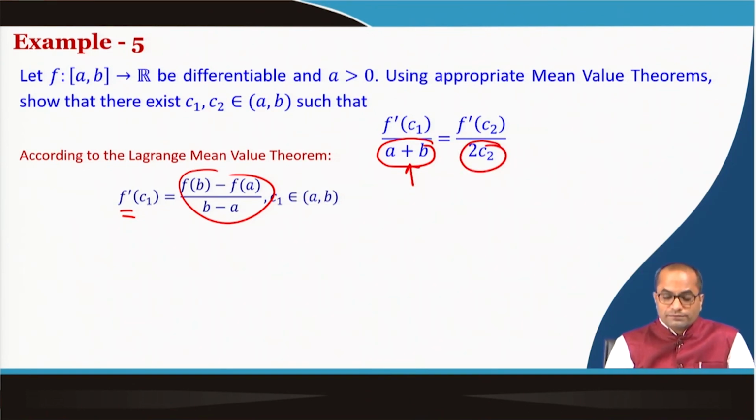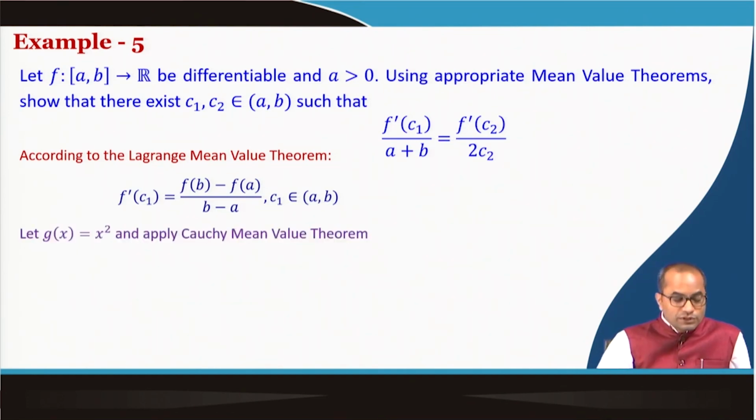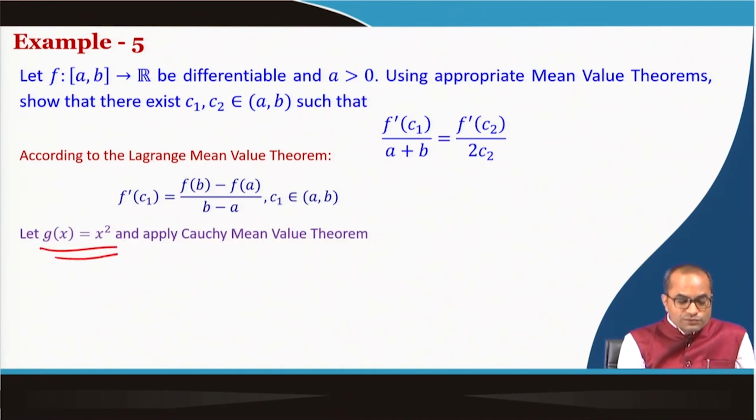So, if we remember, we have the generalized mean value theorem, where two functions f and g are given, and g we can choose whatever we want. So, if we choose g equal to x square, then g prime will become 2x, which is coming exactly here as 2c, and there we will also have b square minus a square.